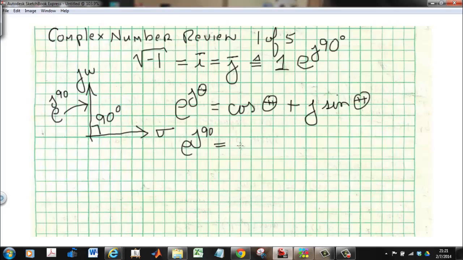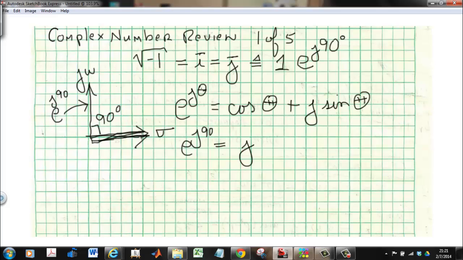So then that equals j, or e to the j 90. So 90 degrees is a unit vector pointing up. If theta was 0 degrees, then you would end up with sigma, a purely real number, along the x-axis.